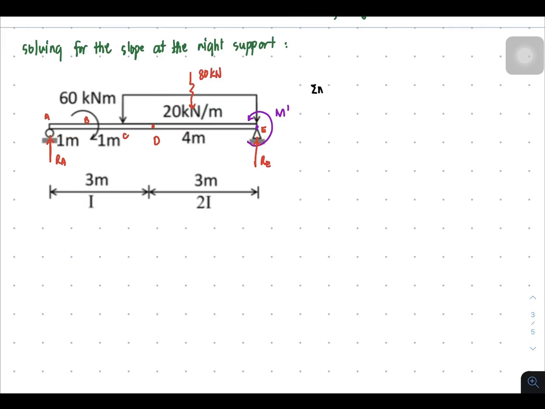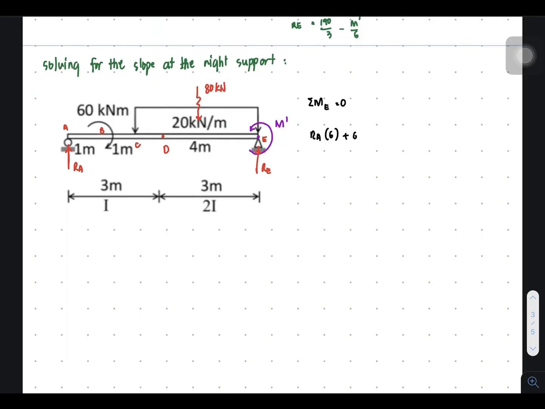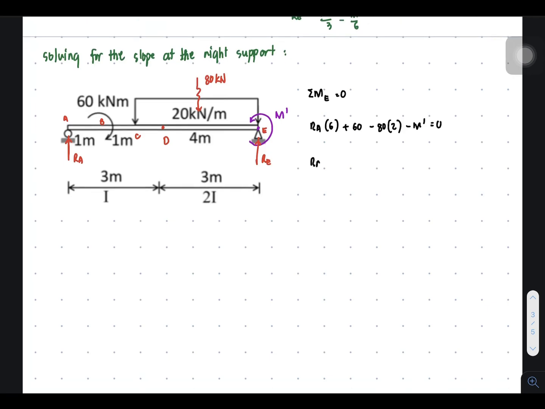So let's solve for the reaction, summation of moment about point E so that we can solve for RA. So it's RA times 6 and then plus 60 minus 80 times 2 and then minus m prime equal to 0. So in this case, we are going to have RA equal to, transposing all the terms, negative 60 plus 160 and then plus m prime over 6.